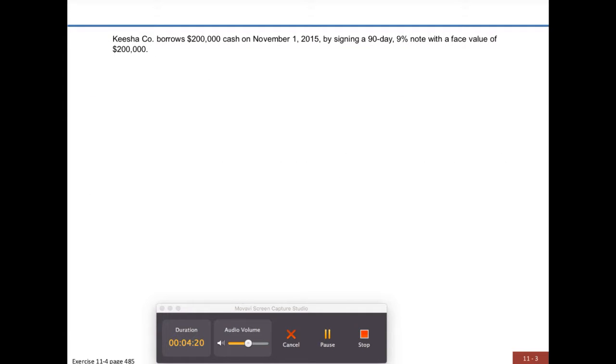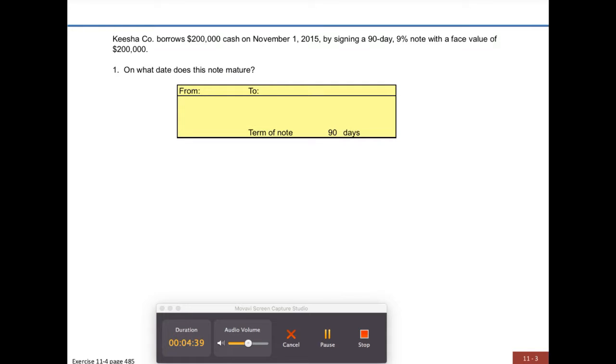All right, Keisha Company borrows $200,000 cash on November 1st, 2015 by signing a 90-day 9% note with a face value of $200,000. This should look familiar. It's very similar to what we just did, different amounts, of course. When does this mature?